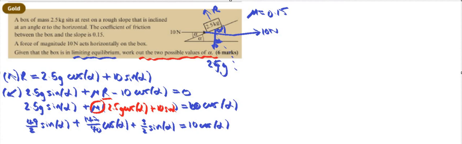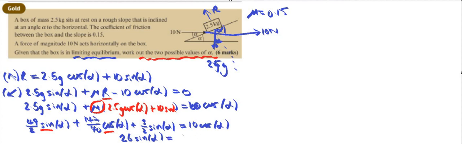Now you can see that we've got two functions. We've got a cos function and we've got a sine function. And we need to find an angle, we need to have a single function. So what we'll do is combine them and turn them into tan. So let's collect all the sines together. If we collect all the sines together, you're going to get 26 sine alpha.